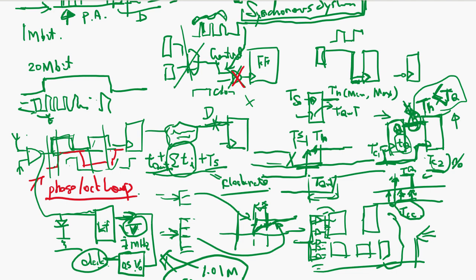And this DC voltage level is going to change frequency, adjusting your oscillator clock frequency. So it's kind of a phase locked loop. This is a loop. After you detect this phase difference, you adjust the clock.